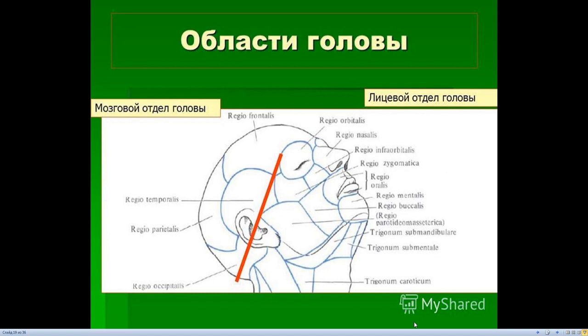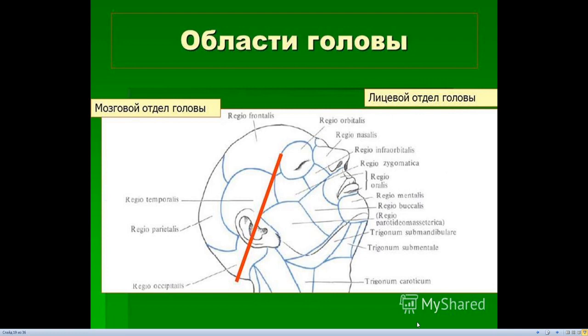It is usually studied in the department of otorhinolaryngology, but lateral region of the face is presented by three regions: buccal, parotideomasseteric region and deep region of the face. Regio facialis lateralis profunda.